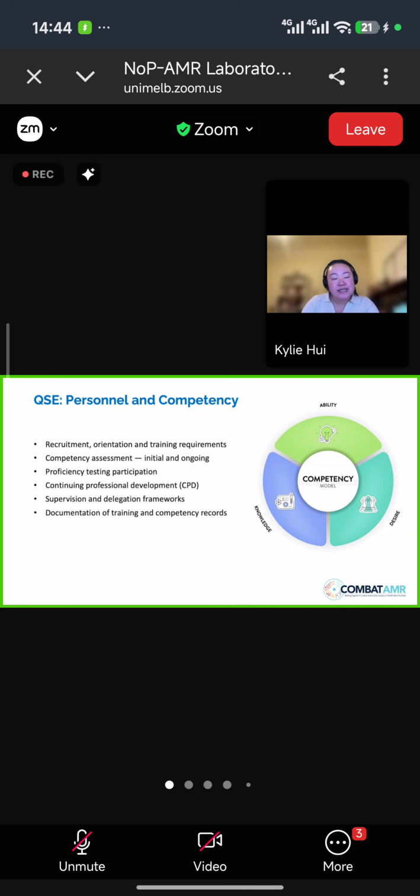For laboratories that don't routinely do ZN stain for TB, they might do an annual competency. So every year, everyone will come together and do a stain for ZN to see if they're still competent in this. Proficiency testing participation.